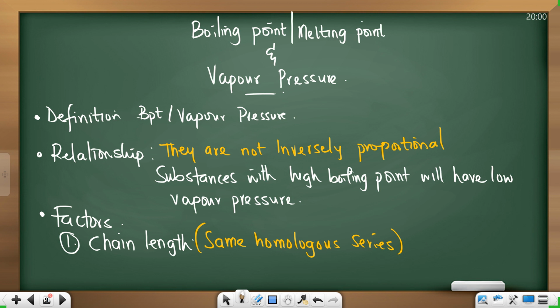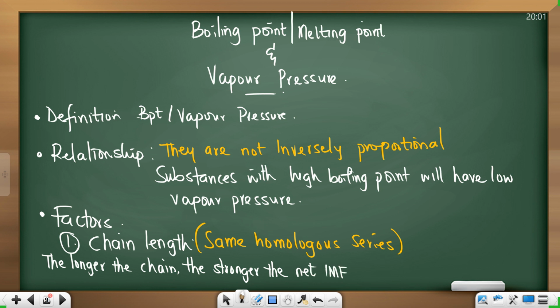The longer, just want to write my final answer here. The longer the chain, what are we going to say? The stronger the intermolecular force. I'm going to write in that exam, the stronger the IMF, all right, or let me say the stronger the net intermolecular force, because of more contact.